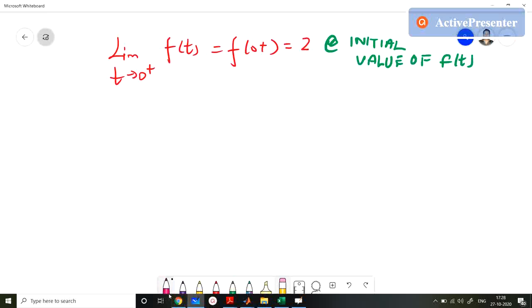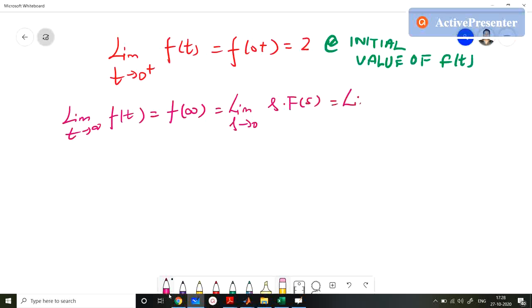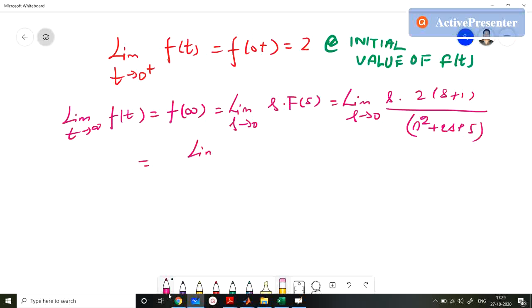Now we need to find the final value. That is the limit as t tends to infinity of f(t), which is f(∞), and it is equal to the limit as s tends to 0 of s times F(s). F(s) is (2s + 1) divided by (s² + 2s + 5).